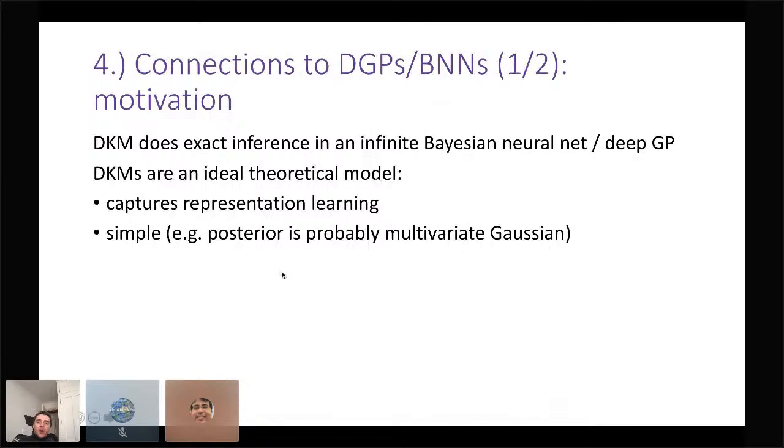And so I strongly suspect, anyway, that in this limit where the deep kernel machine is equivalent to these infinite Bayesian neural networks, then the posterior is actually multivariate Gaussian. And so that gives us a lot of simplicity in terms of the theoretical structure of those networks, and it makes it much simpler than trying to work with representation learning in finite neural networks where you don't get these very nice properties.